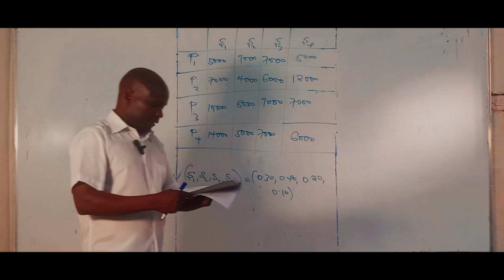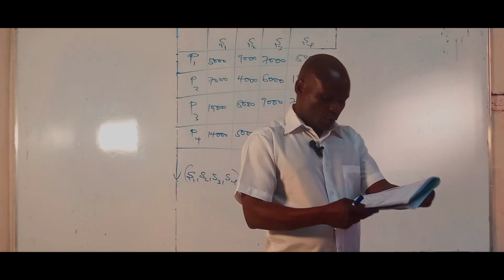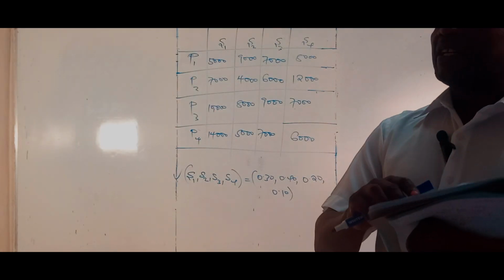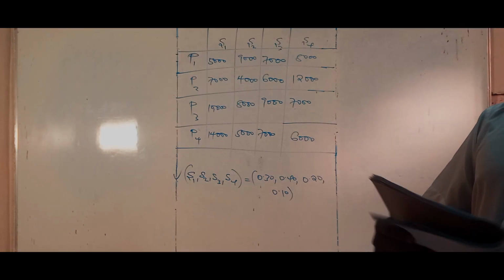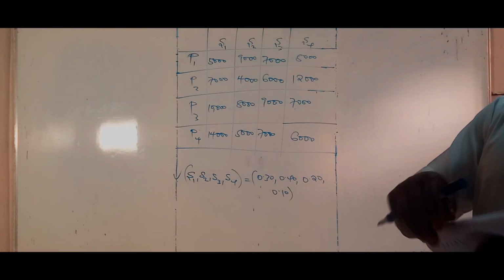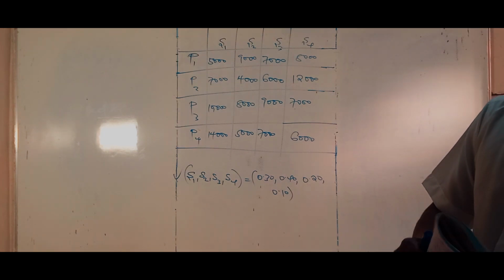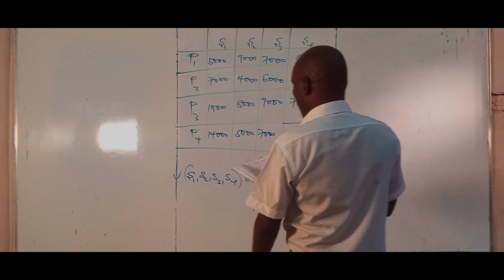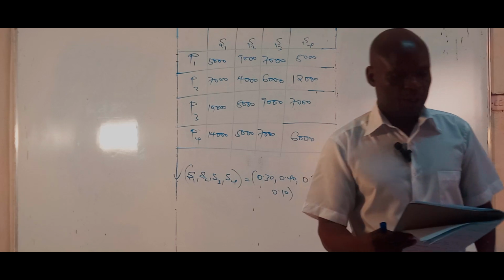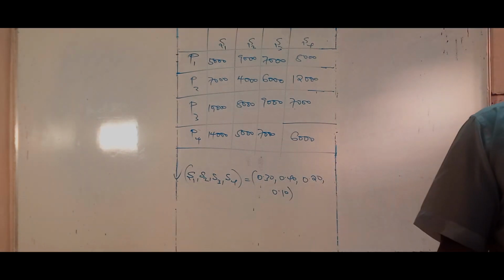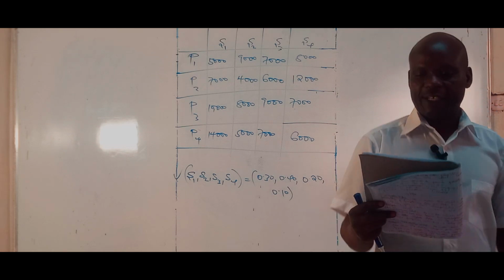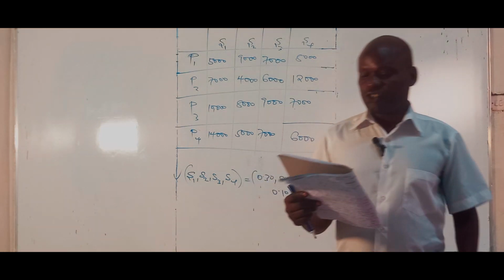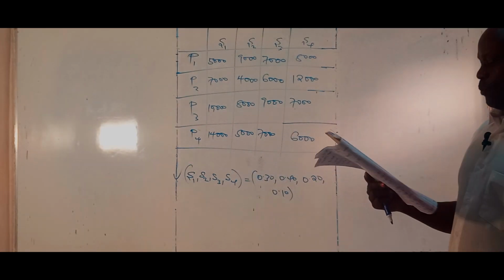Then advice on the best course of action using the minimax regret criterion. What we need to do is compute the regret matrix, where the regret is the difference between the maximum possible payoff in a state of nature and the actual payoff for a given product in that state.